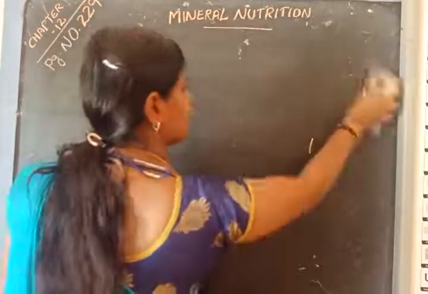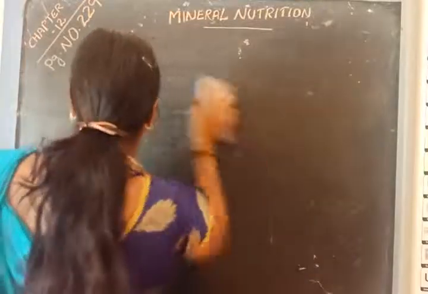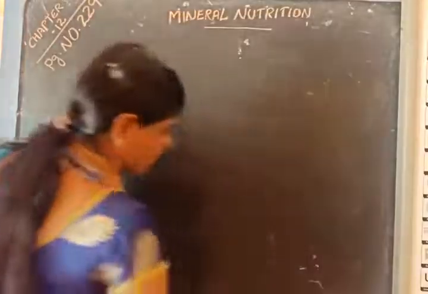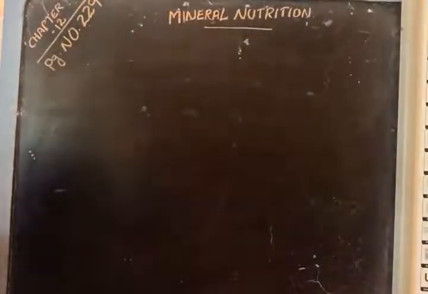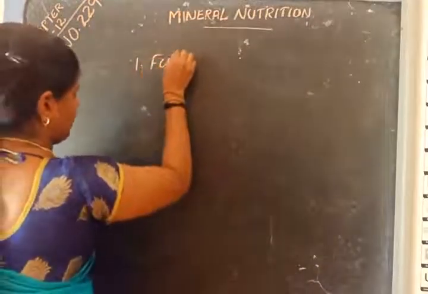Now we are going to discuss in detail the function, mode of absorption and deficiency symptoms of both micro and macronutrients. So what are we going to discuss? First, function.